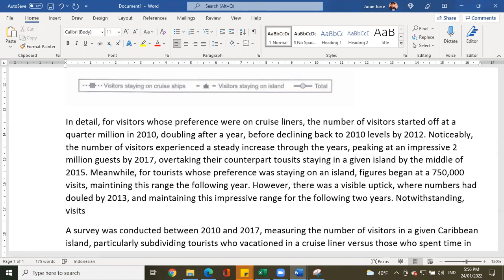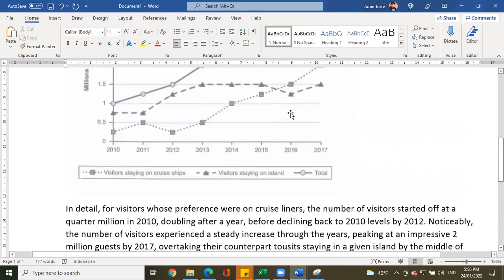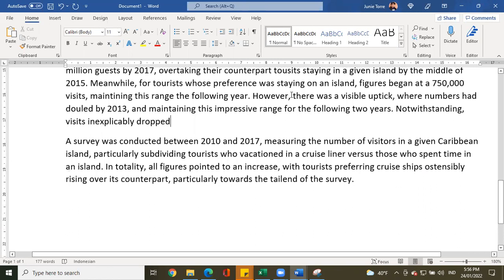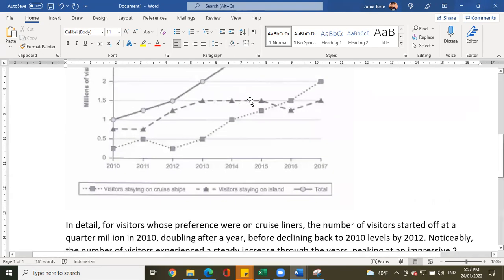visits inexplicably dropped. Drop to, I'll mention this, guys, by 250,000. Because the drop is 250,000, right? 1.5 million became 1.250 million.